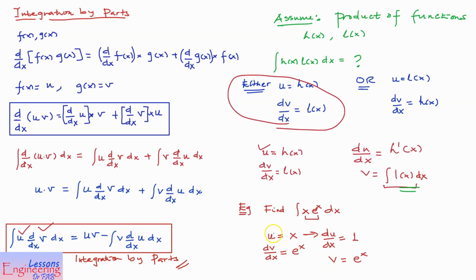So now our job is done. We have u, so that's taken care of, and we have dv by dx, so that's taken care of, and we have du by dx, so that's taken care of, and we have finally v. So everything is now defined, and it's easier to then go in and solve that problem over here.